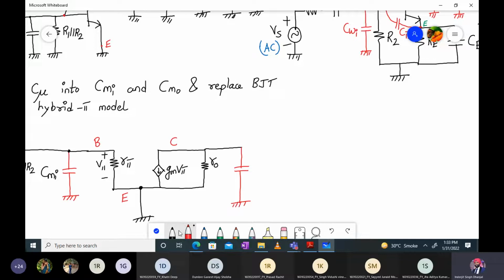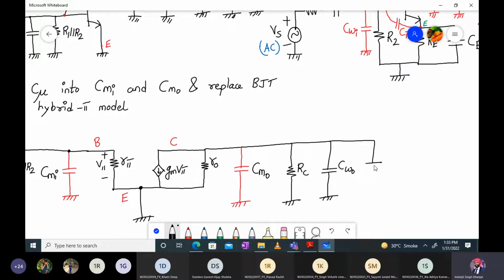And then what I have next, as I have done earlier, is RC followed by CWO followed by CCS.